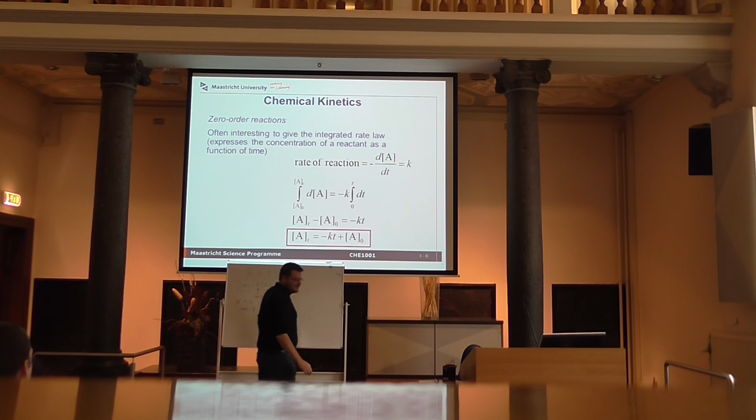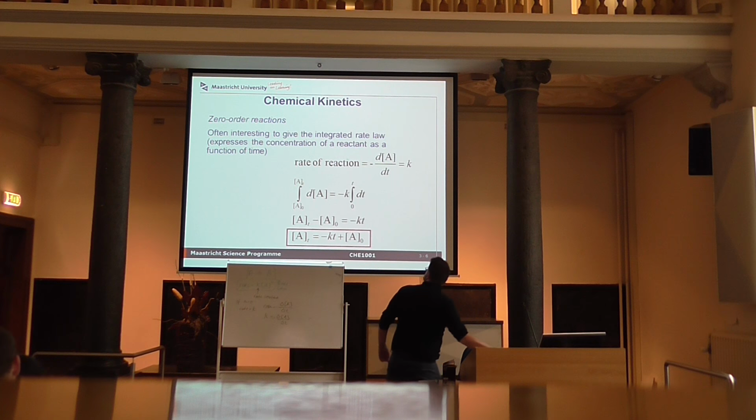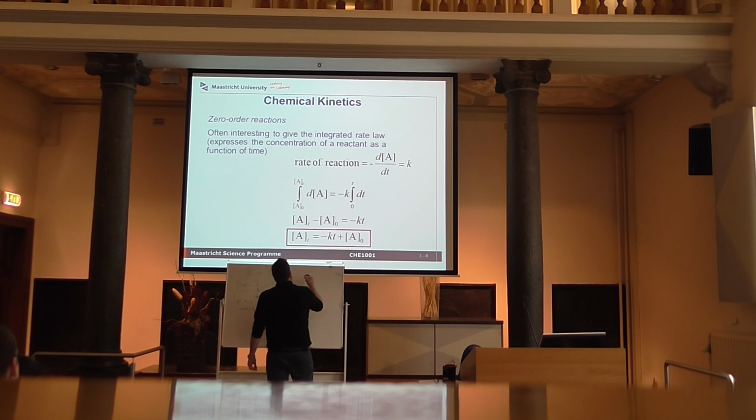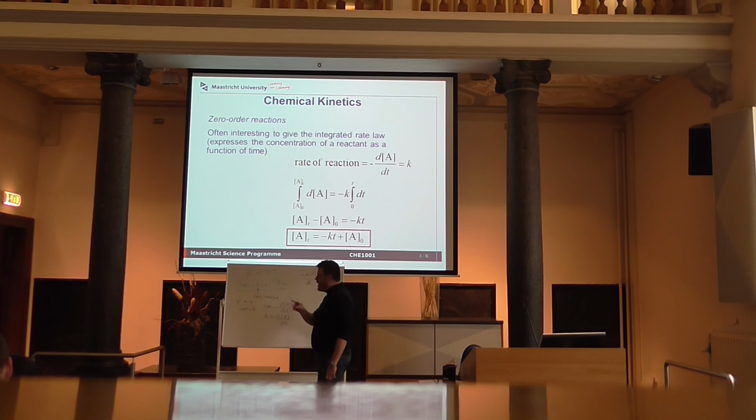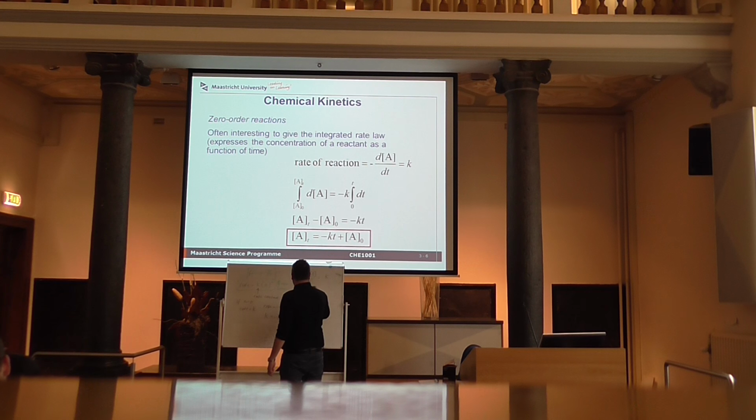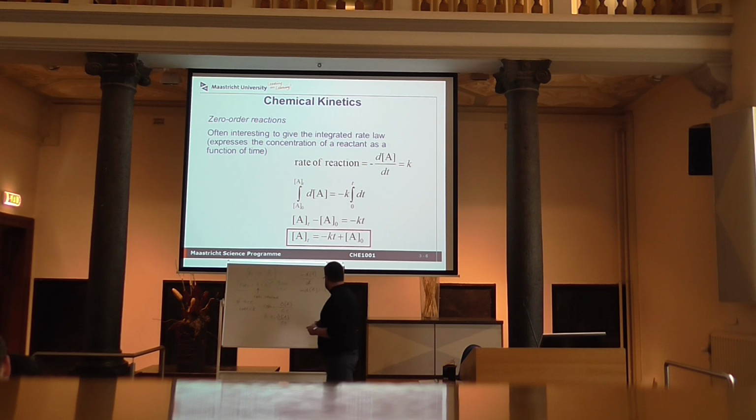And this we call a so-called integrated rate law, because you'll see why in a minute. So as I've written here, we have dA over dt equals K. Now what I basically do is I take this dt up over there. I'm manipulating this equation. It's a differential equation, a very simple one. And I get minus dA equals K dt.